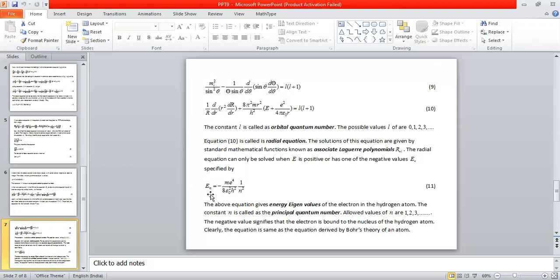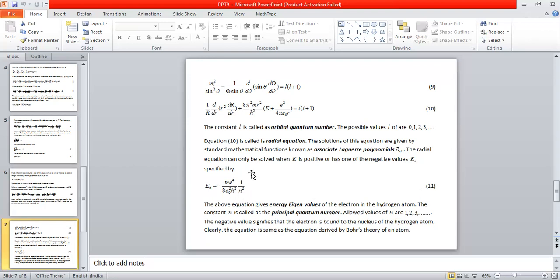If I substitute n equal to 1 in expression 11, I get E_1, which gives the energy of the hydrogen atom in the ground state. If I substitute n equal to 2, we get the energy of the electron in the first excited state. If I substitute n equal to 3, we get the energy of the hydrogen atom in the second excited state, and so on.